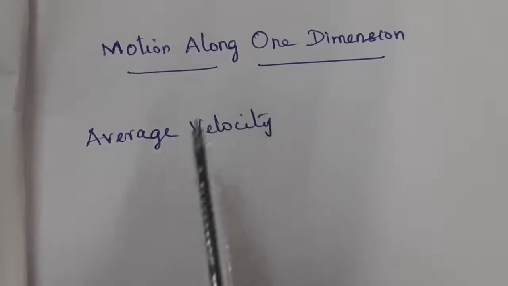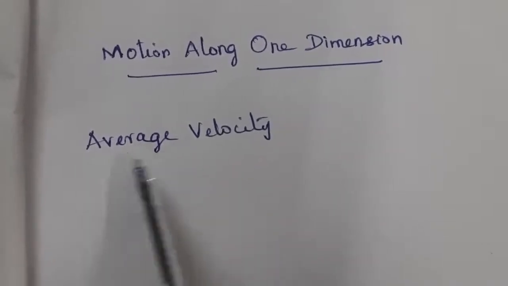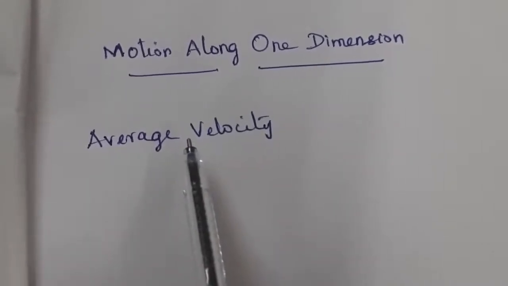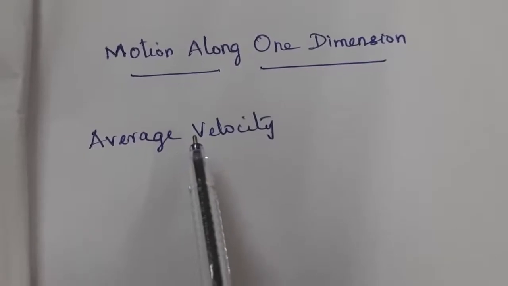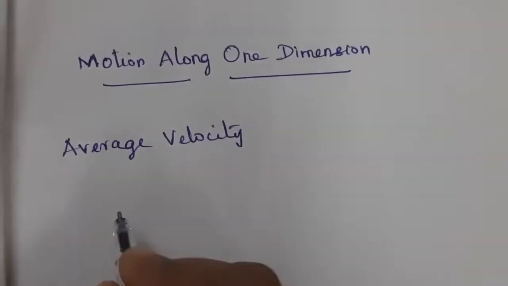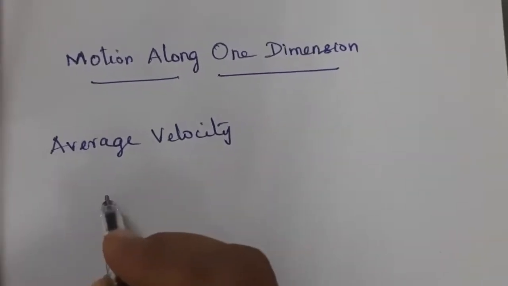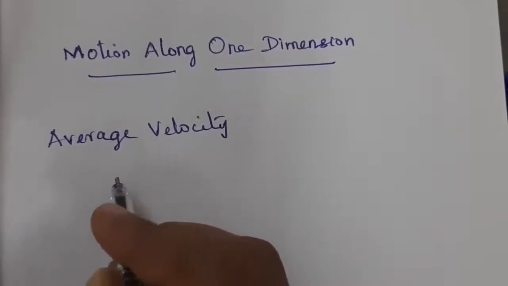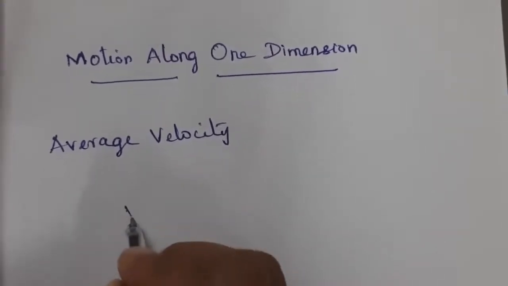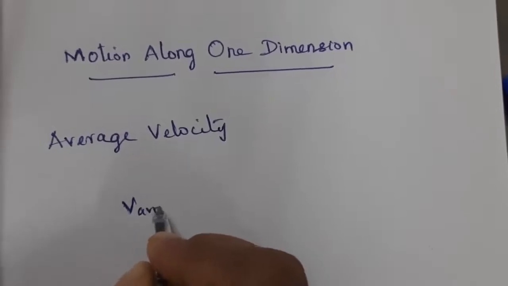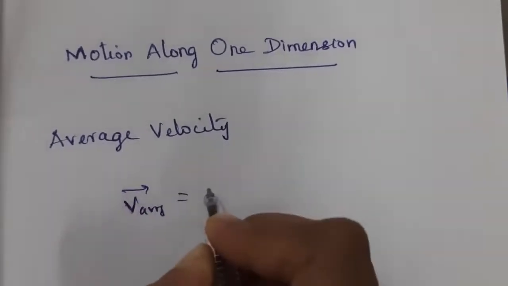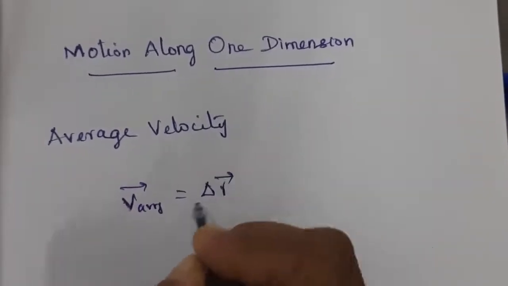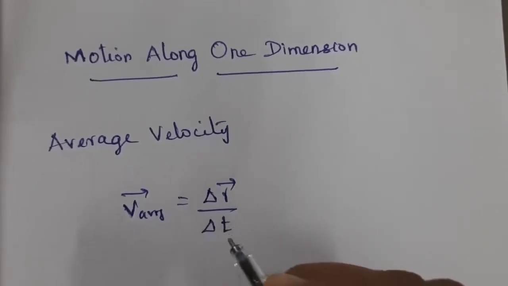In this topic, first average velocity. What is average velocity? In the three-dimensional system we can write the average velocity, V average, vector quantity, is equal to delta r by delta t.